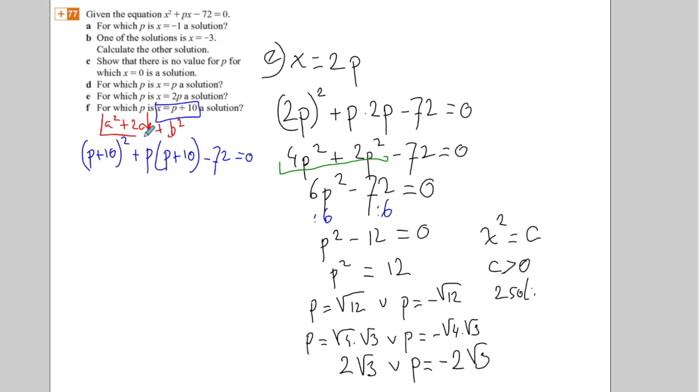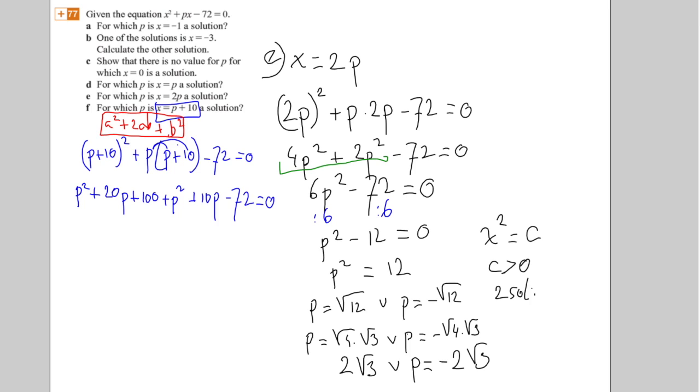So now you see that it's very important to know all these remarkable products by heart. And I complete it. So in this case, p squared plus 20p plus b squared, in this case it's 10, so it's 100, plus p squared plus 10p minus 72 equals 0.